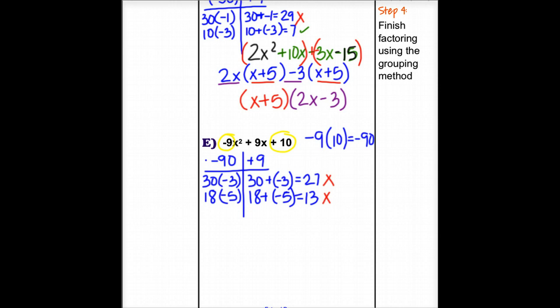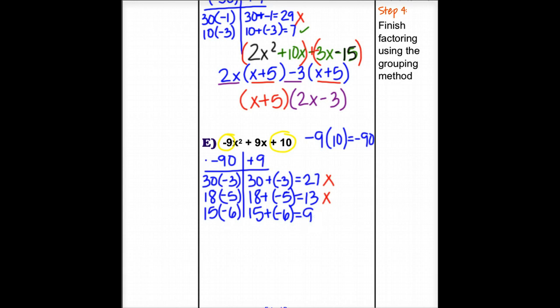So then I'm going to try negative 6, because I know that 90 is divisible by 2 and 3. I know it's also therefore divisible by 6, and that will give me negative 6 times 15. And if I take 15 plus negative 6, I do in fact get 9.